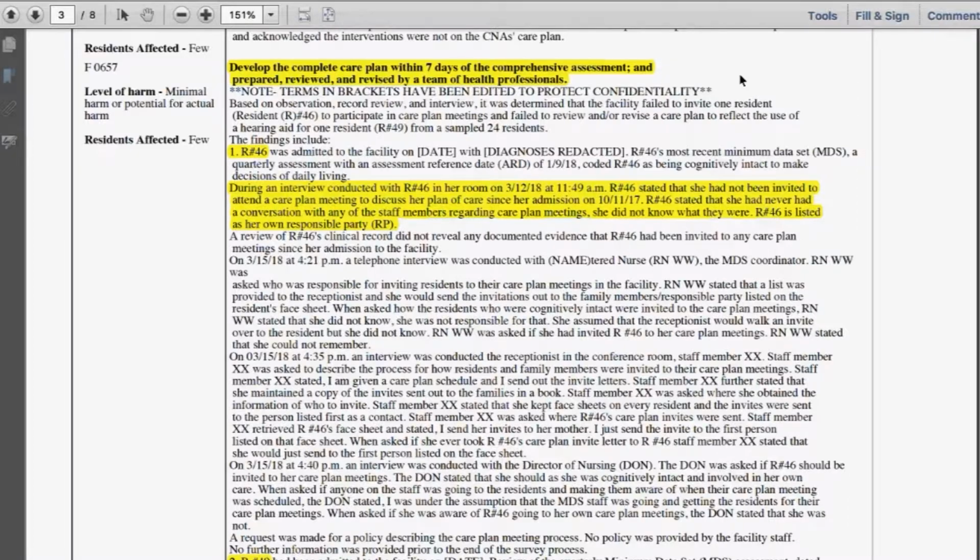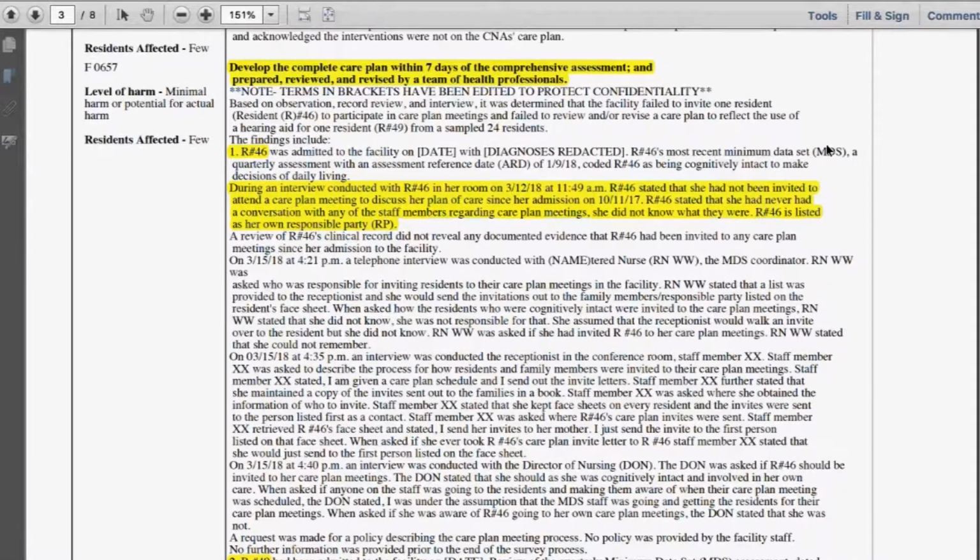So what I've done is I've highlighted the L, just for purposes of our discussion. It doesn't usually show up that way. But again, the statements of deficiencies are useful to see what has been identified as a problem in your facility and exactly what the facility is expected to be doing.